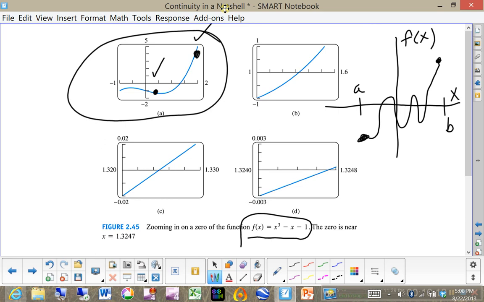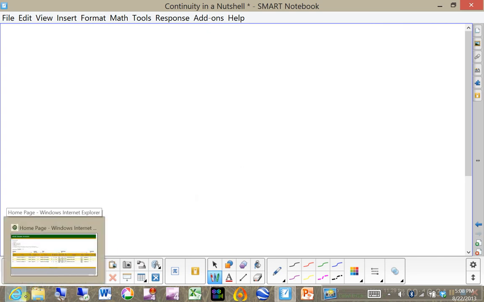And you folks should know how to do that on your graphing calculator. Why don't you practice it, and I'll show you or remind you how to do it in class on Monday. You can find that the 0 is actually 1.3247, and that's it for continuity.